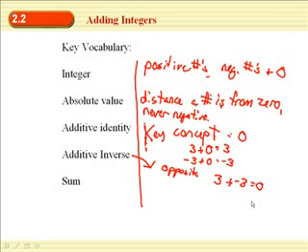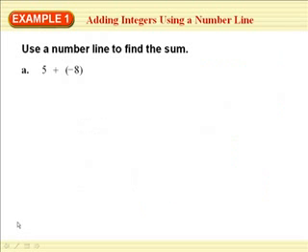And then I'll attack that other key concept box in just a second. Sum means to add, and that's pretty easy. We'll attack most of these when we get to them, and talk more about the additive inverses as we go.